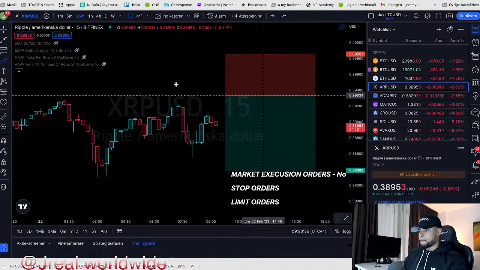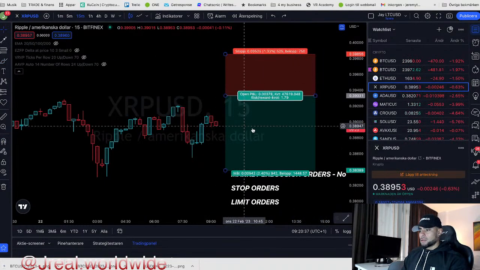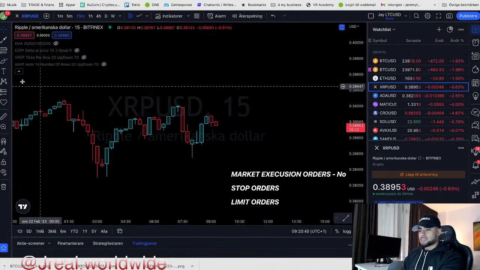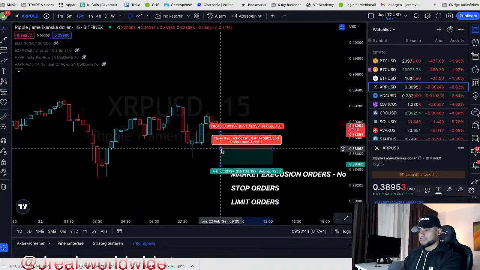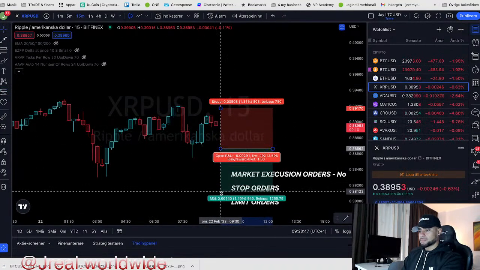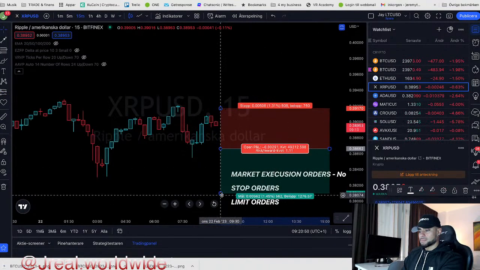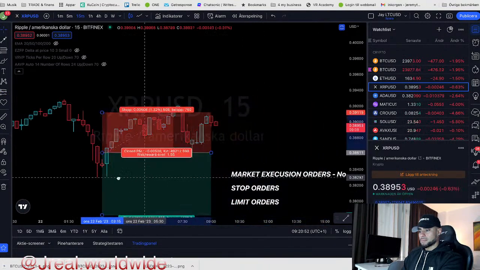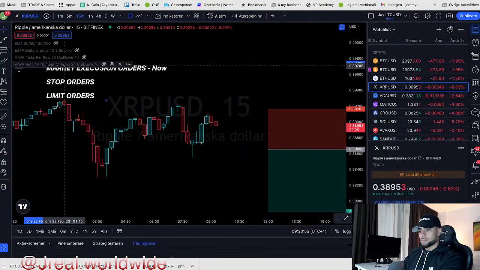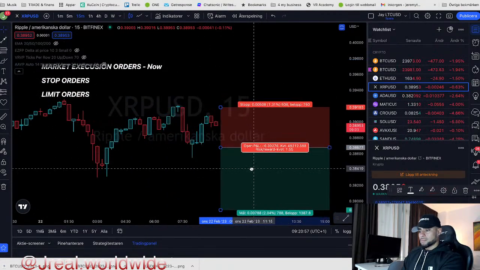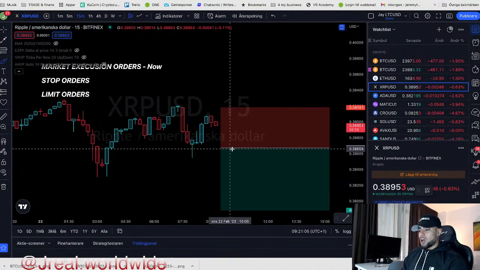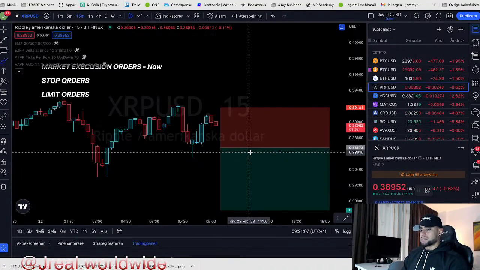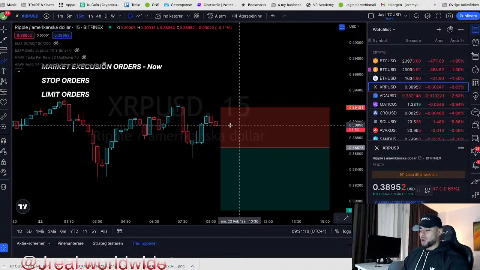Hope everybody got that. What is a sell stop? Sell stop, same like buy stop, but the opposite. The stop order first and foremost has to be underneath where the market price is right now.